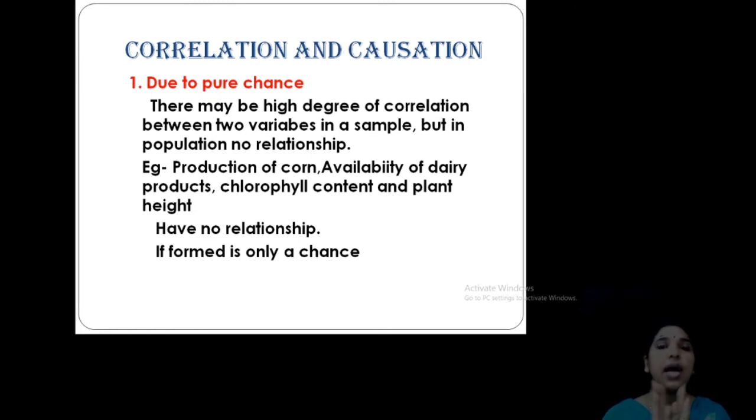At a glance you can see there is no relationship. But if any relationship is formed, that is only due to chance or pure chance. Understood? Sometimes there exists some relationship, but when you take the population, you can't see any relationship. So in certain cases, the relationship may exist typically due to pure chance.